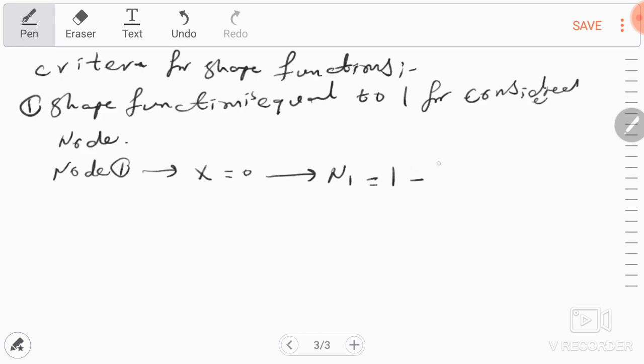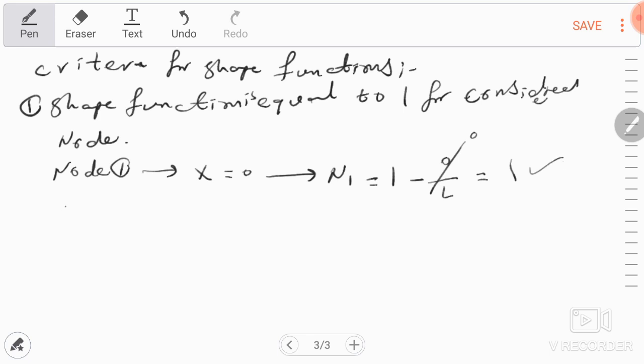So here x is 0 over L, equal 1 because this part equals 0. So for node 1 it is okay.